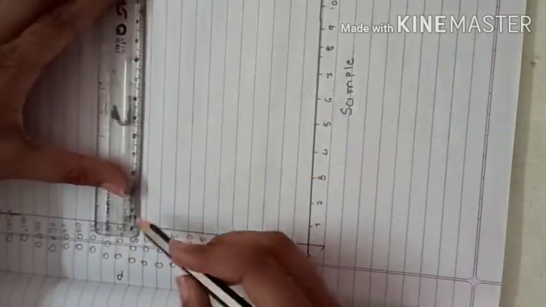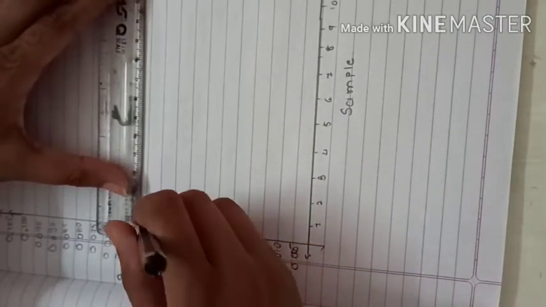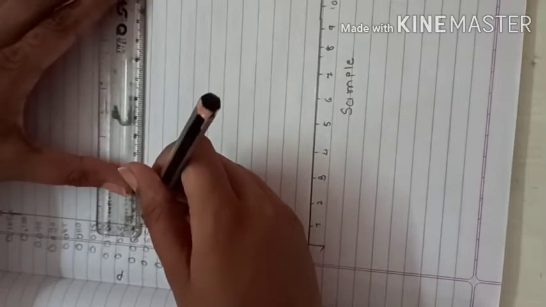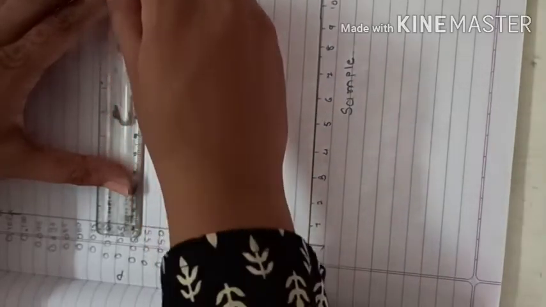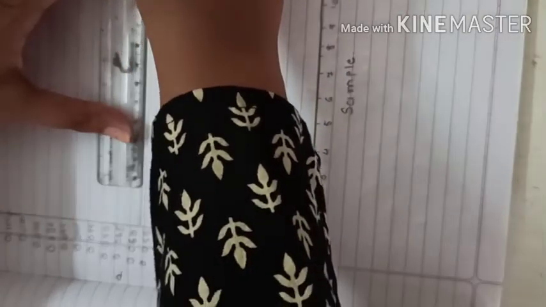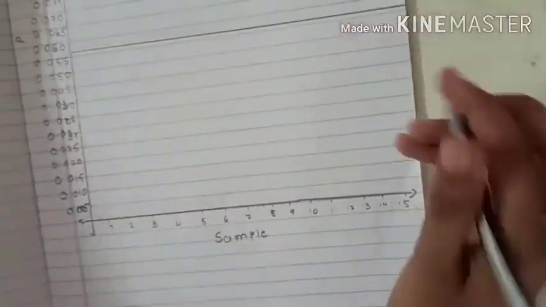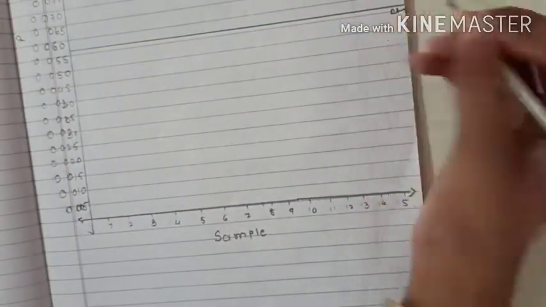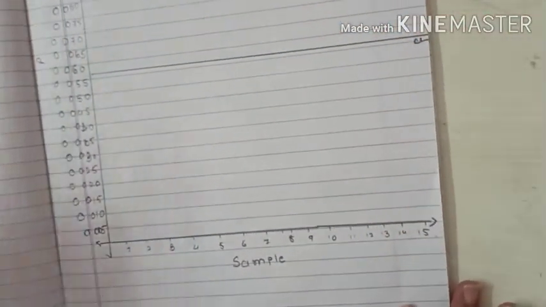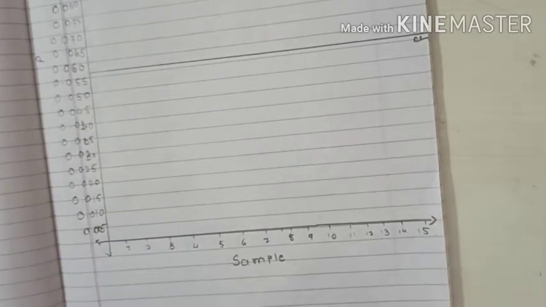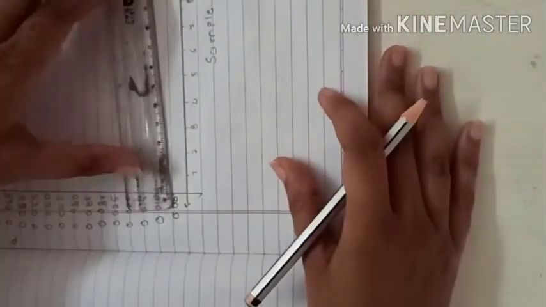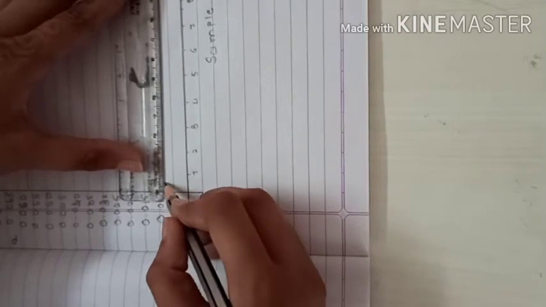The central line is 0.056, so it will come over here. Then the lower limit is 0.07, so it might come here.